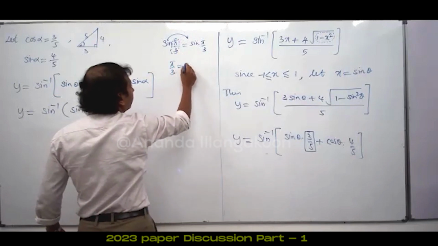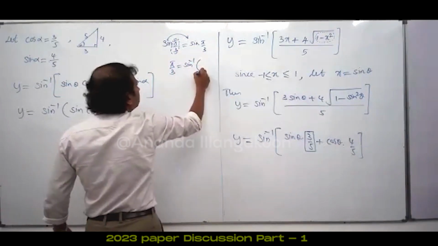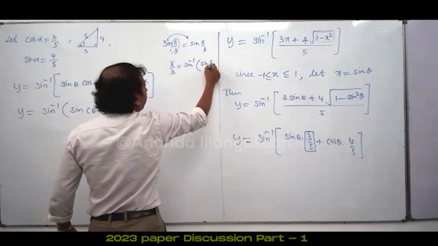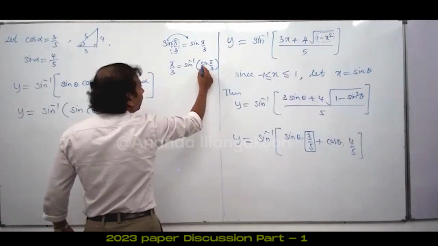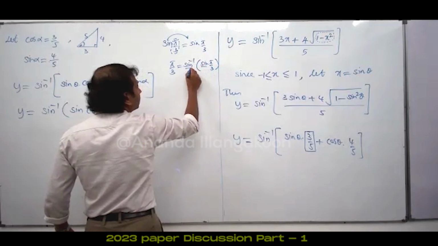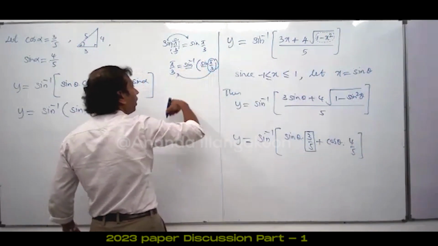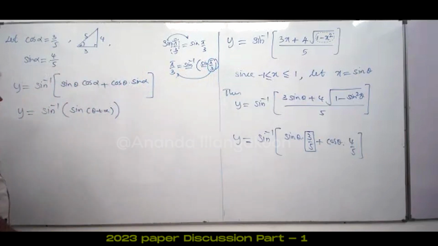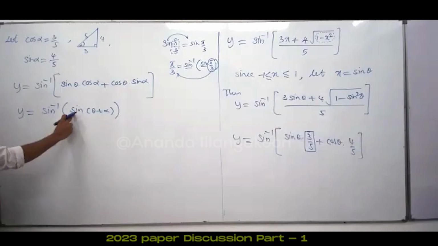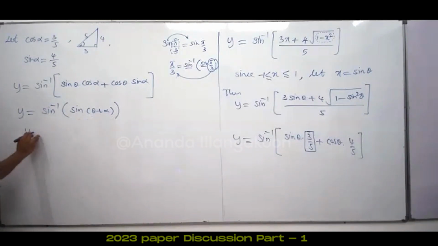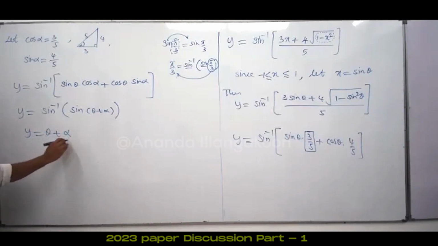Then pi by 3 is equal to sin inverse sin pi by 3. See here, this angle on the left hand side comes. Like that, sin inverse of sin of this angle is the angle itself. We get y equals theta plus alpha.